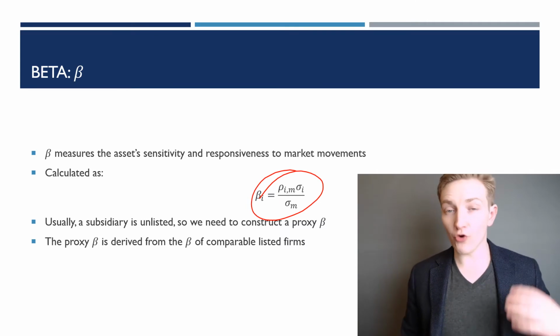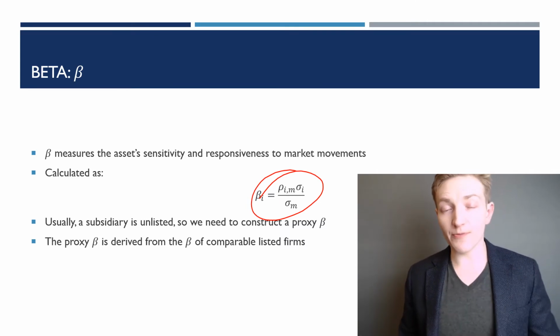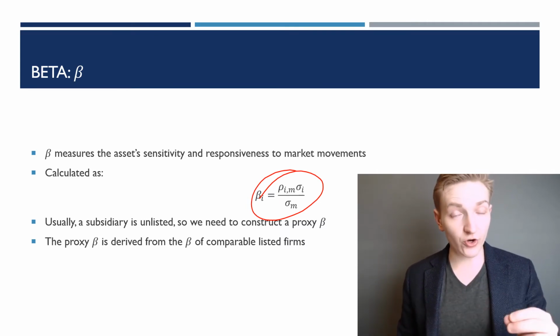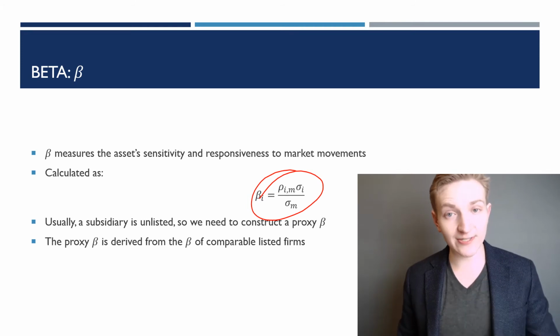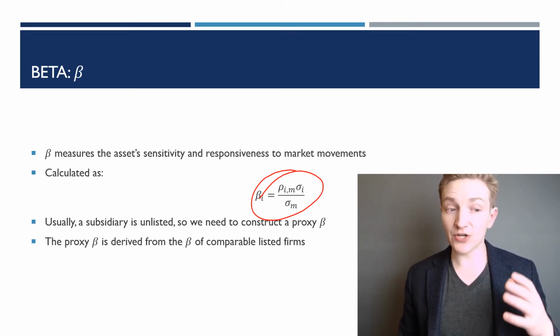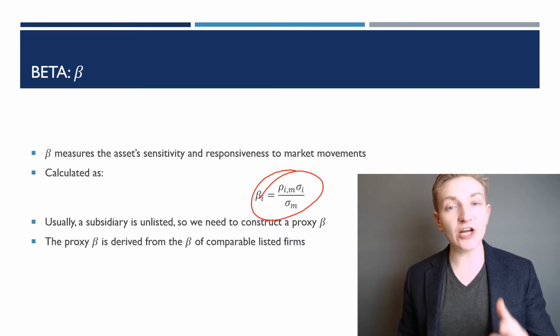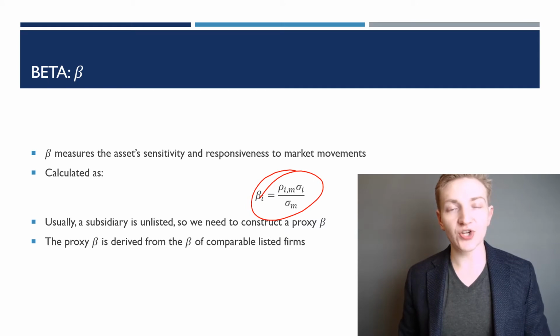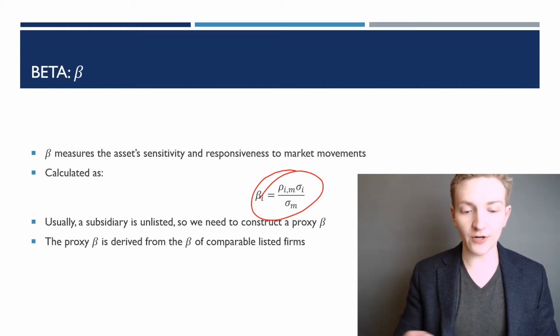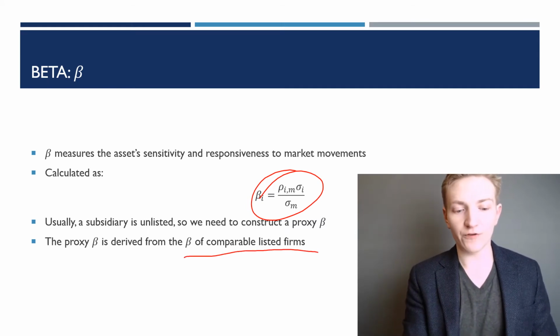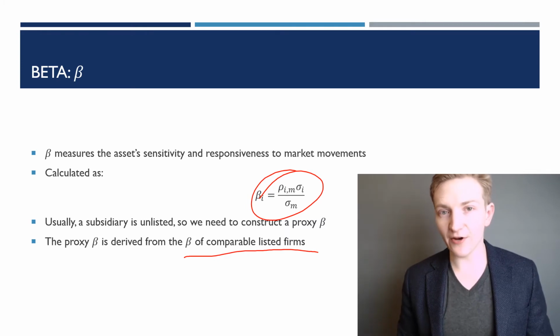For example, if you're a multinational and you need to work out the beta for a subsidiary, because if you recall, the cost of equity should be subsidiary specific, and the subsidiary is unlisted, you might need to use peer firms to give you an idea of how risky that company is, i.e. you'd be deriving the beta from comparable listed firms. This proxy beta often entails needing to use what is called the Hamada equation.